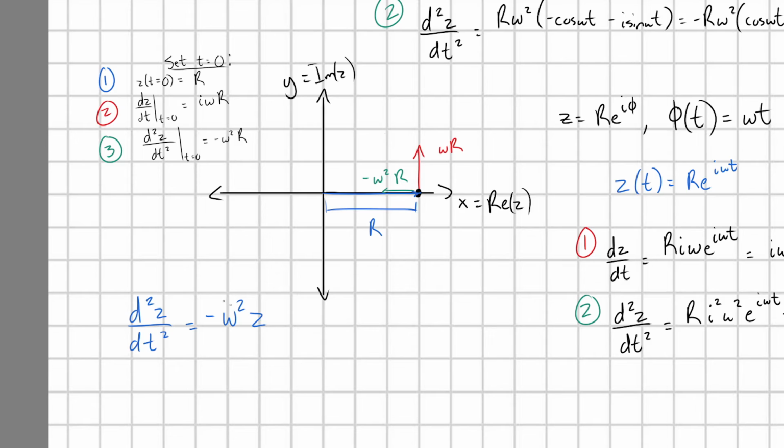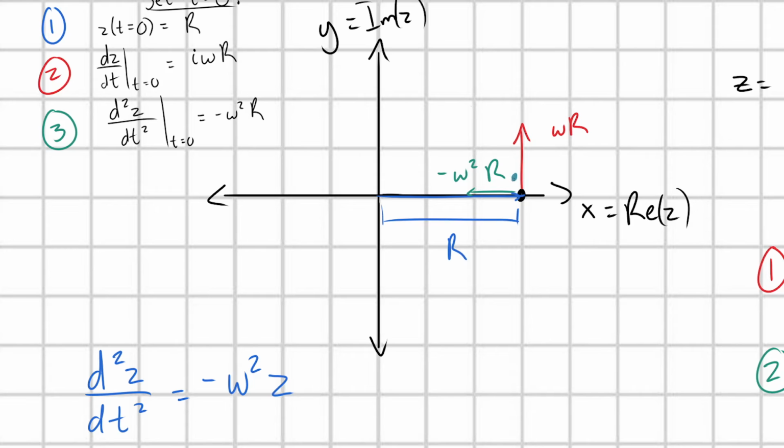What do I mean by this encoding all of the dynamics? If I give you the initial conditions, that my particle is at this location r and moves with some tangent velocity omega times r, as soon as I tell you what this acceleration is, that it pulls the particle inwards in the direction opposite to z, we can basically take little time steps.